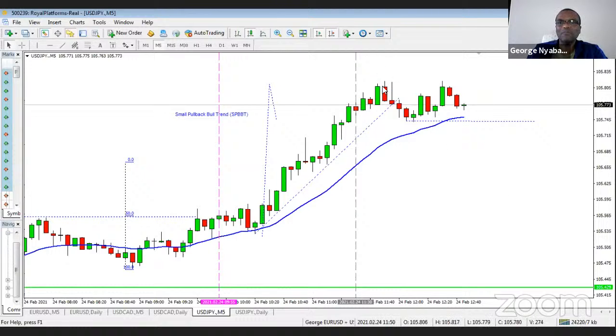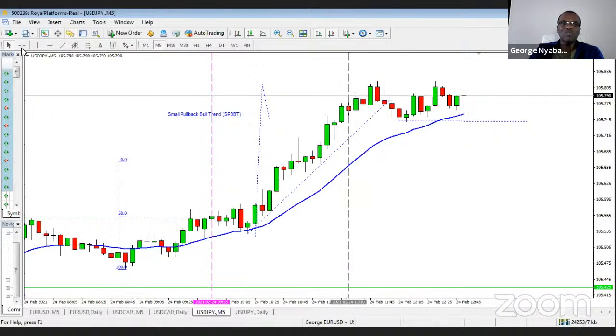So allow yourself, let the market move. Give yourself a 20 pip range, which allows you to put a decent stop, minimum 10 pip or 20 pip stop. And it's really just, by looking at previous price action, you see that a 20 pip trading range is decent enough to allow you to trade with a minimum 10 pip stop.